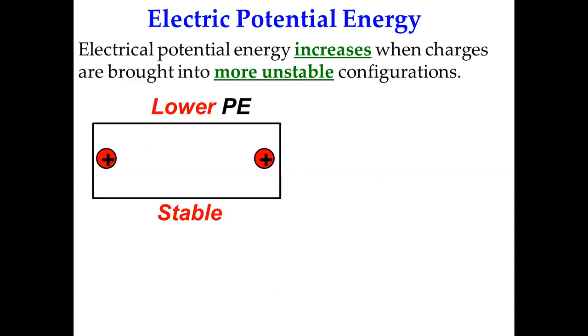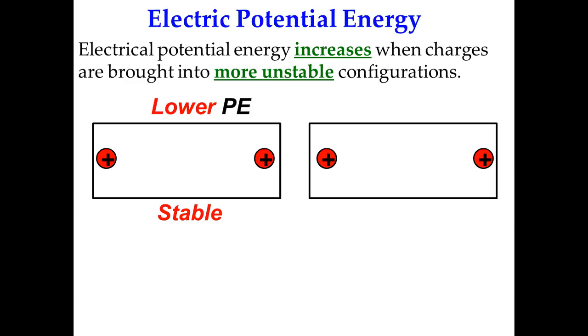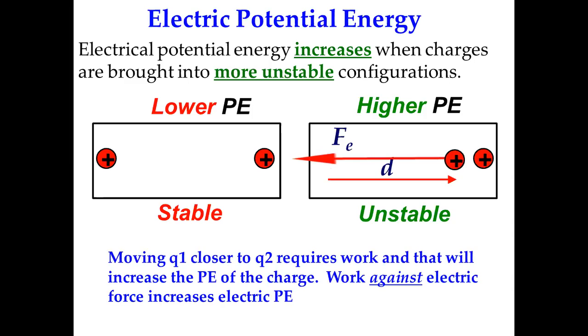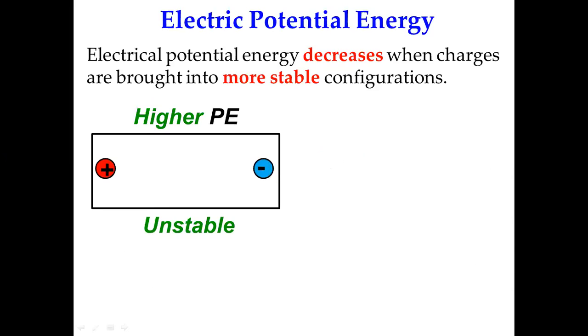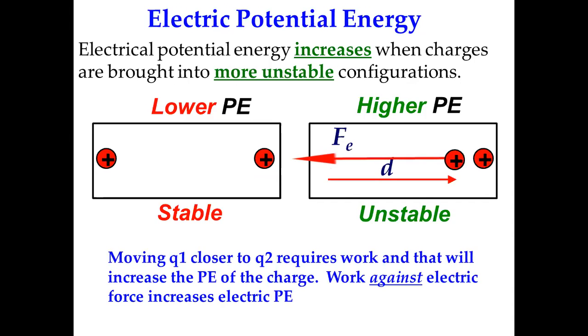Here they have given us an example that when potential energy increases, the charges are brought into an unstable configuration. Like here, lower potential energy is stable. When we have higher potential energy, there will be instability.